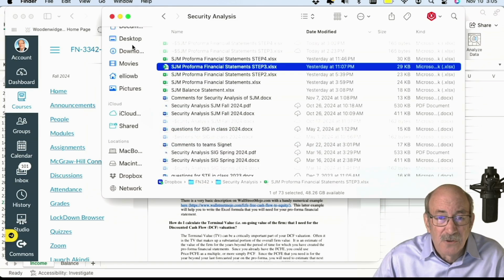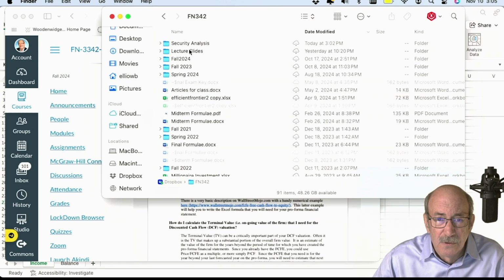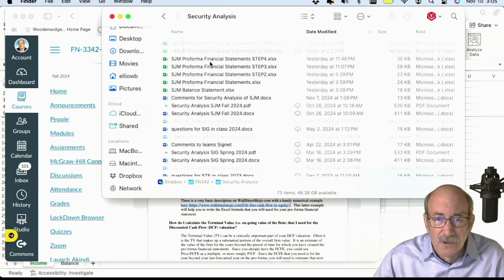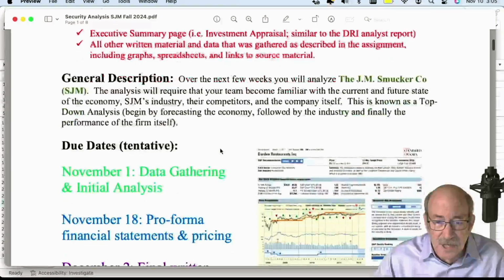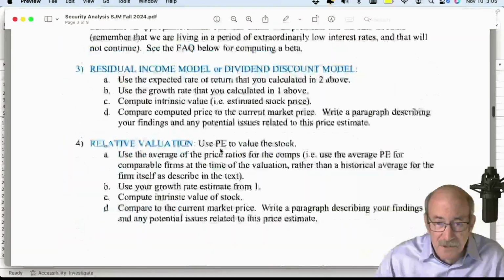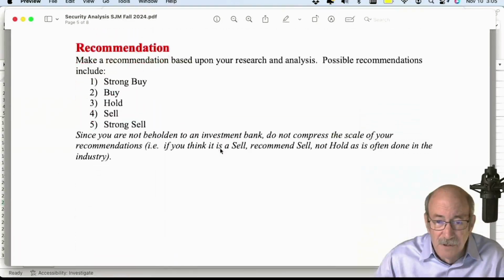Let me go back to Dropbox and 342, security analysis, and here we are. This is the same assignment. It's just that the link wasn't live on the Canvas.